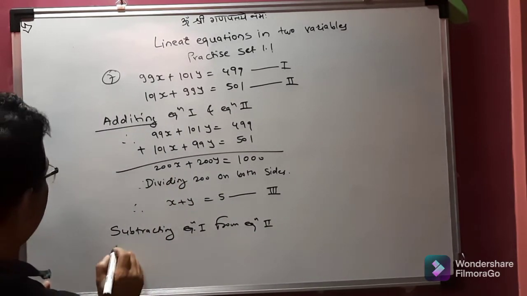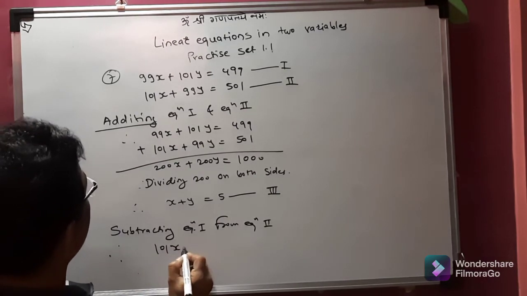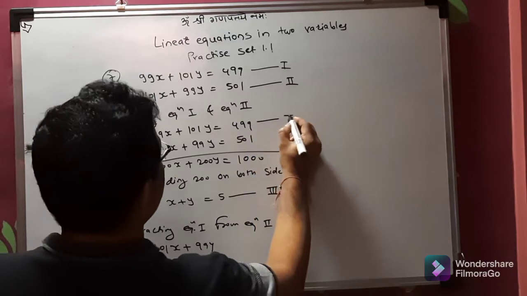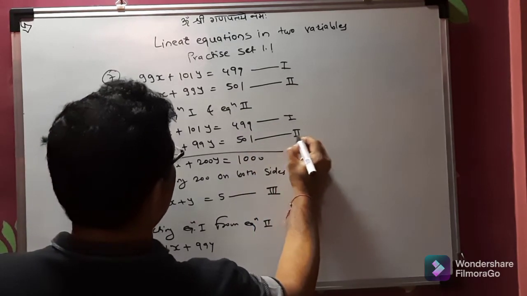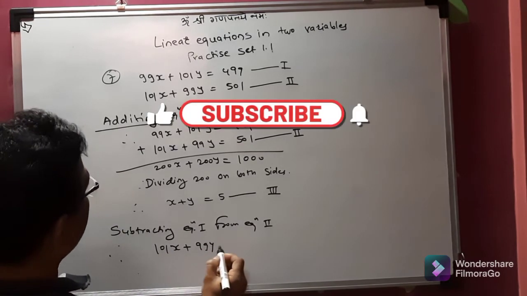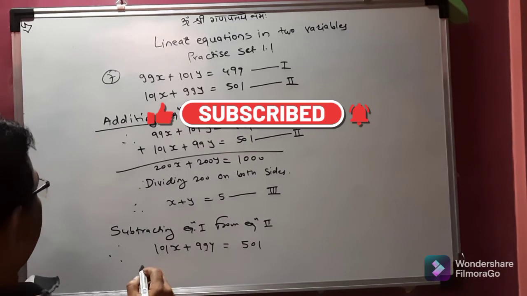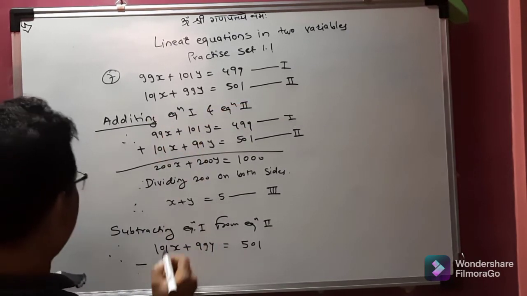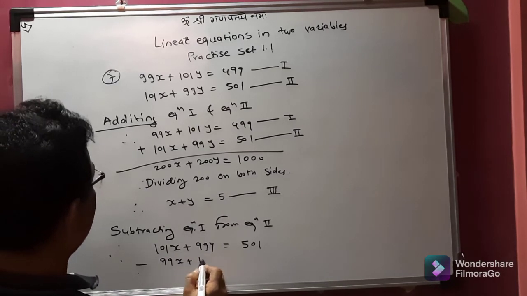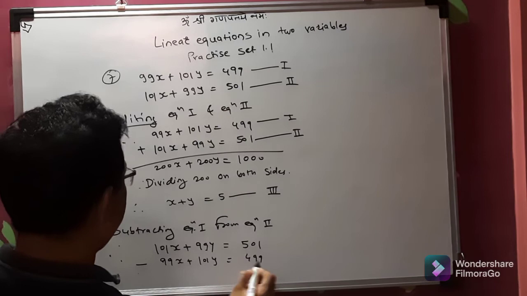So this is 101x plus 99y. This is equation number 1. This is equation number 2. Now 101x plus 99y is equal to 501. This is minus 99x plus 101y is equal to 499.